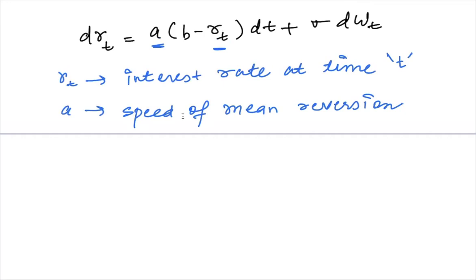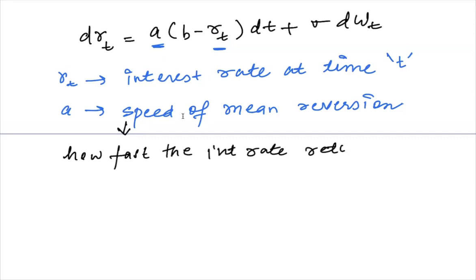It basically means how fast the interest rate returns to the mean. This is what A means. And don't worry, when I show you the Excel implementation, it will be very clear to all of you.